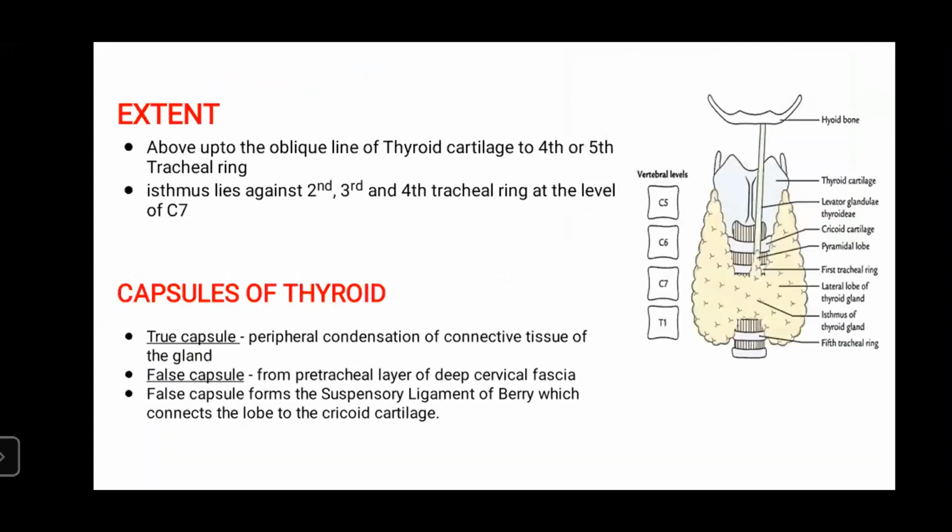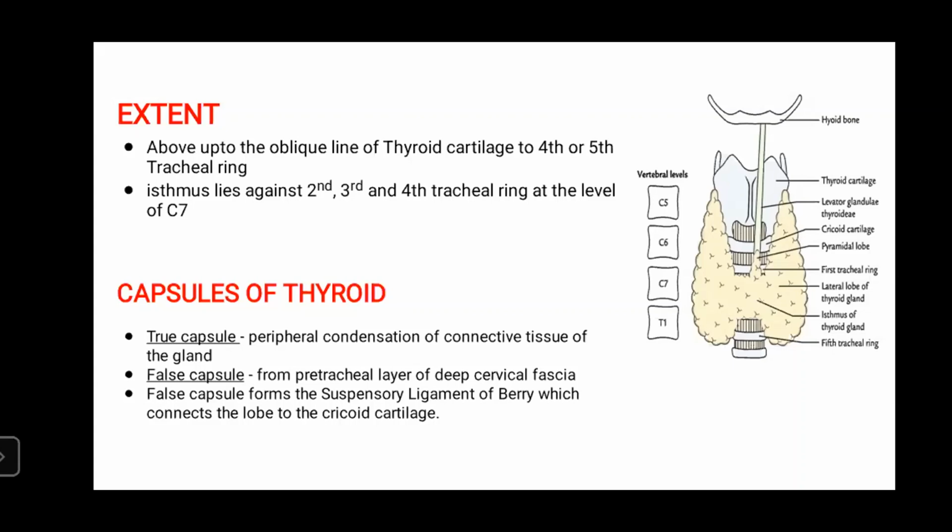Thyroid extent. It extends above up to the oblique line of thyroid cartilage, till the fourth to fifth tracheal ring below. And the isthmus is at C7 level against the second to fourth tracheal ring. There are two capsules of thyroid, true and false capsule.